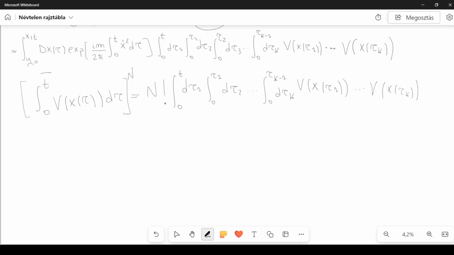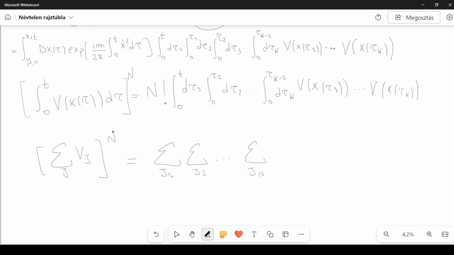So discretize this integral first. You can write it as summation over j of vj, let's write it like this for simplicity, to the power n. When you raise this sum to the power n, you have n sums, so summation over j1, summation over j2, dot dot dot, summation over jn.